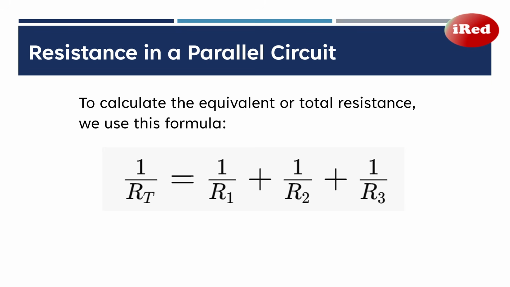Notice that instead of adding the resistances directly, we add their reciprocals or inverses. You don't need to memorize why this works yet. Just remember that adding more branches gives the current more paths to travel, which reduces the overall resistance of the circuit. We will discuss more about this equation in our next lesson.